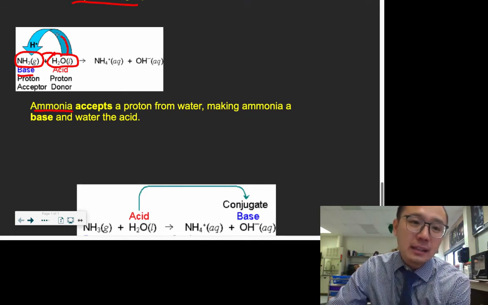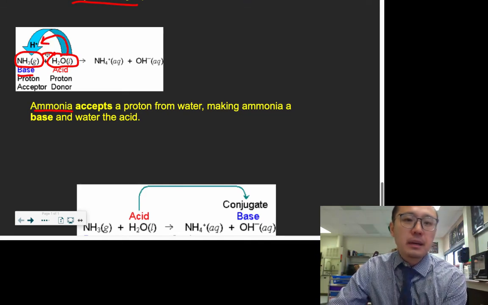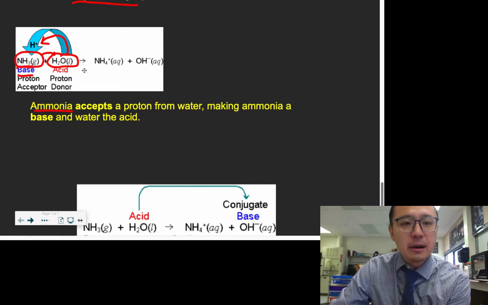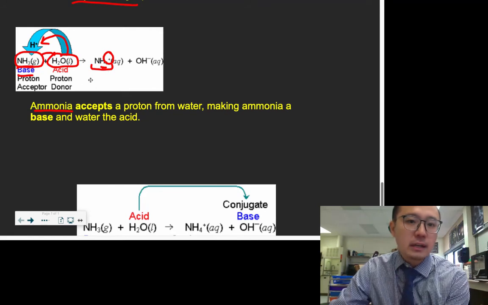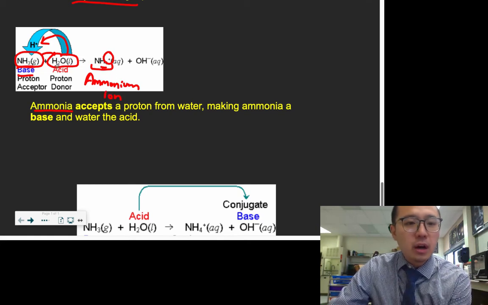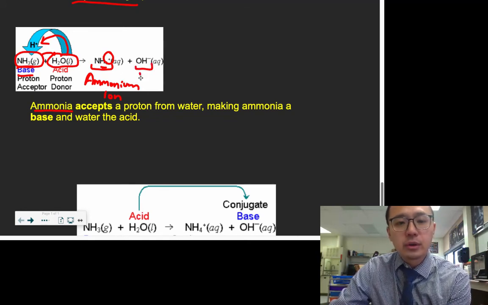It donates a positive hydrogen ion. When your ammonia accepts this positive ion, it gets an extra hydrogen ion, which makes it positive. That's where the positive charge comes from. So this is your ammonium ion, which you have seen before. If water lost or donated an H plus, then it becomes negatively charged, which is your hydroxide.